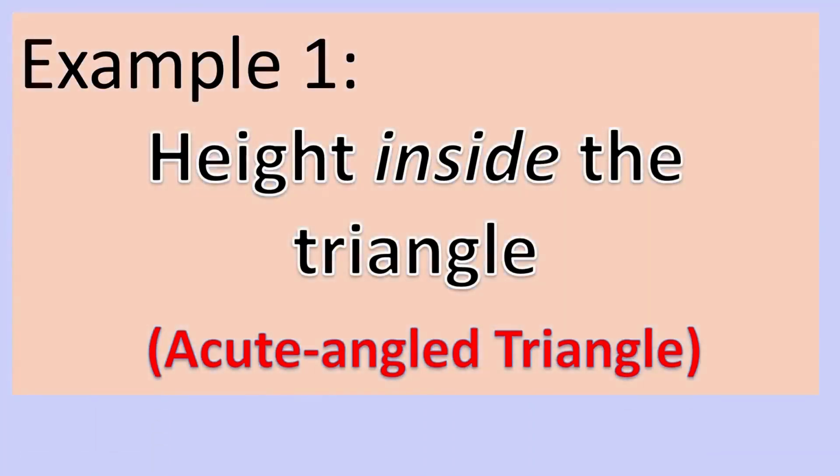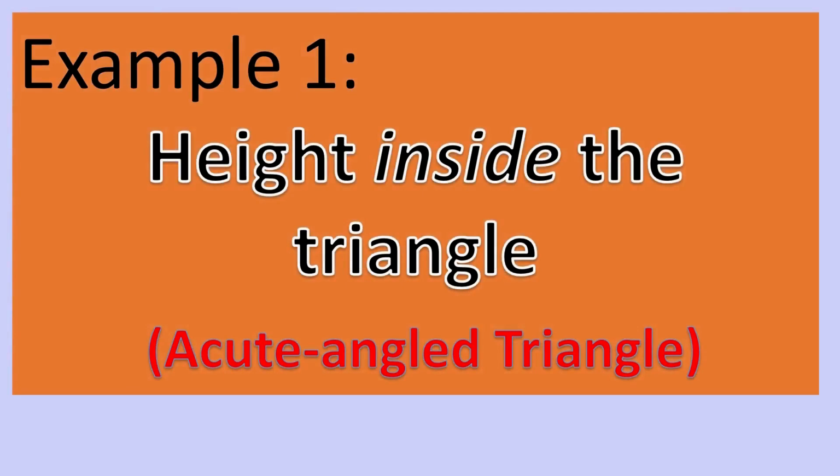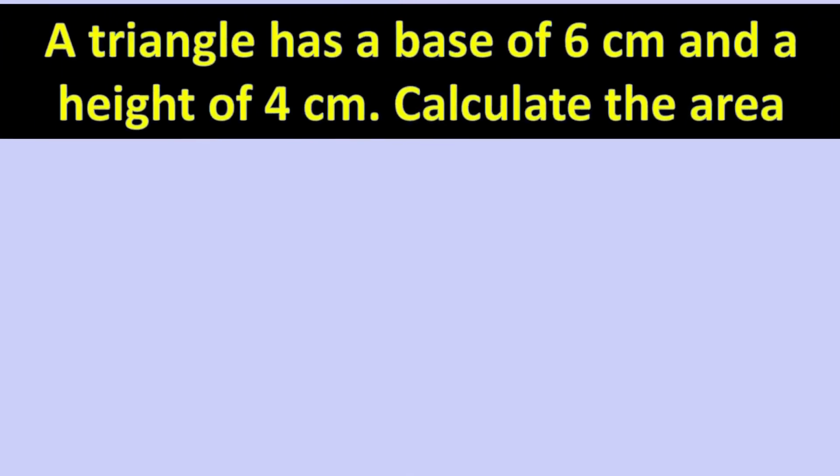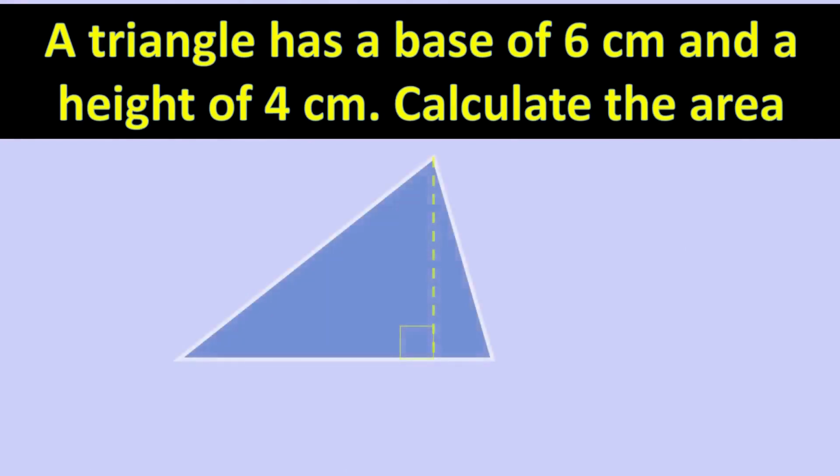Let's begin with the first example, where the height falls inside the triangle. This is a triangle where all the angles are less than 90 degrees, what we call an acute angle triangle. Look at this triangle. The base is 6 centimeters, and the height, drawn from the top vertex down to the base, is 4 centimeters.